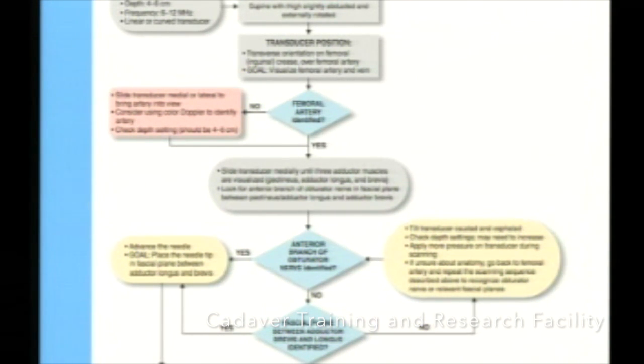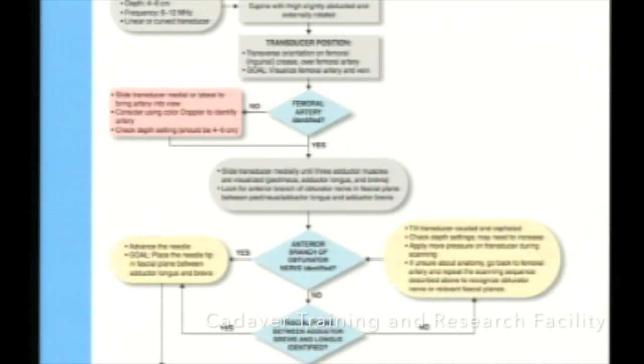First of all, your main goal is to find the femoral artery. Put the transducer parallel with the inguinal crease and you will see the femoral artery. Then move medially towards the adductor compartment, where you see the femoral vein.